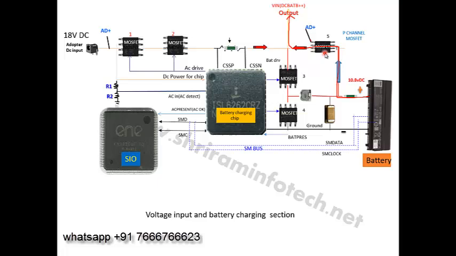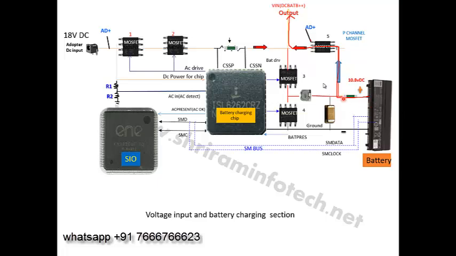Now if you understand this concept, then you can diagnose 3 to 4 types of problems in any laptop. Problem number 1: you have a laptop which is not powering on with the adapter. You connect the adapter and the laptop is not working on the adapter, but the laptop works on the battery as soon as the battery is charged.